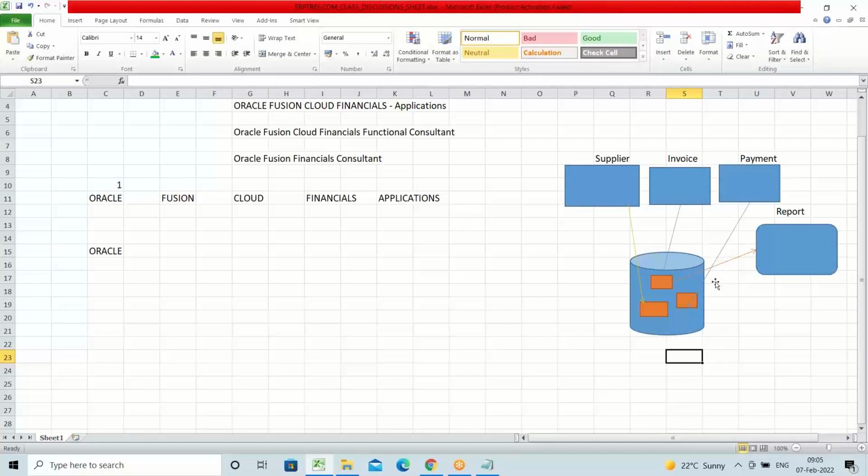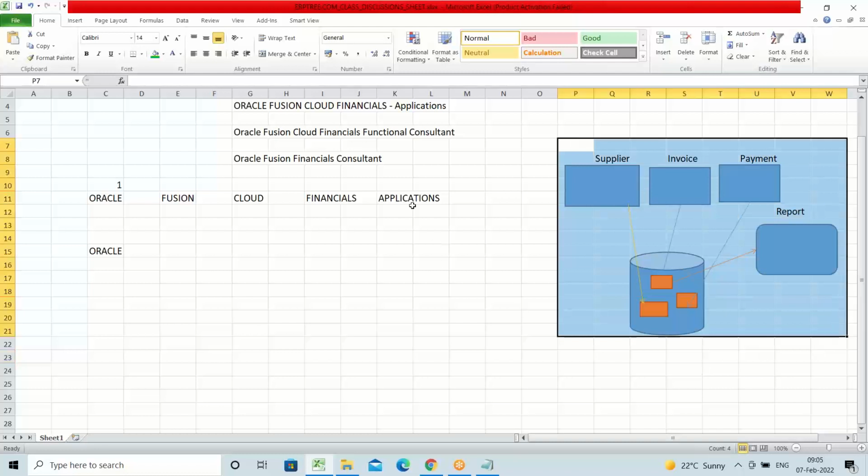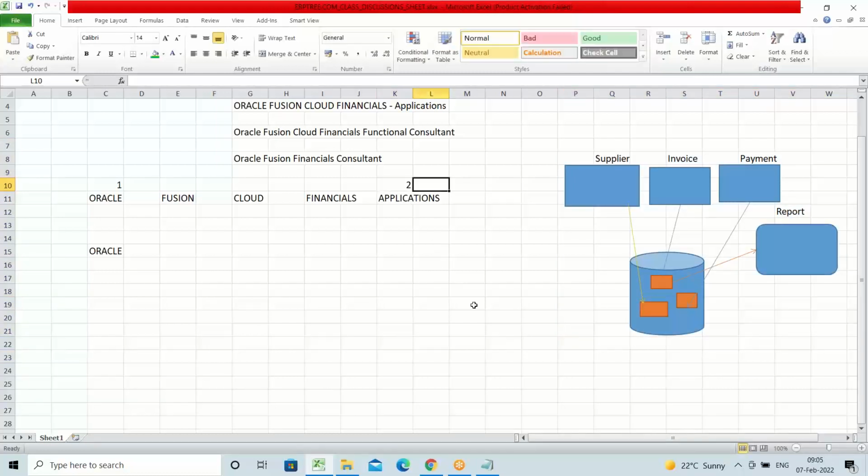Application means along with the database, we'll have pages and reports. Through pages, you can input the data and store it in the database tables. With the reports, whatever data is available in these tables, you can view. That complete setup we call an application. That's the meaning of application.